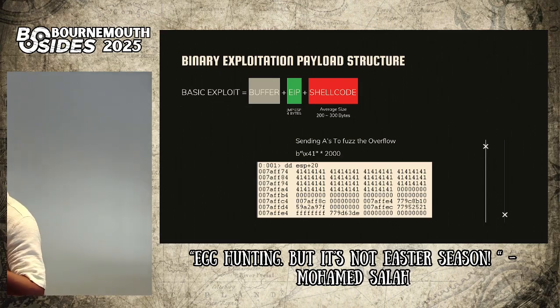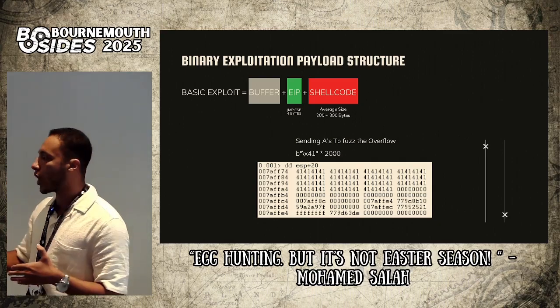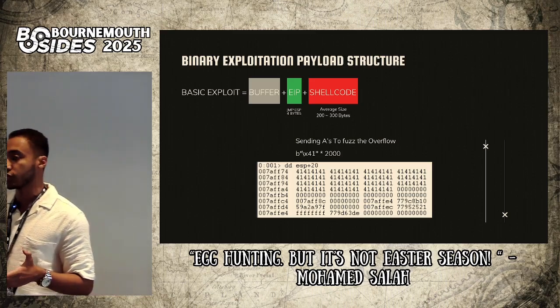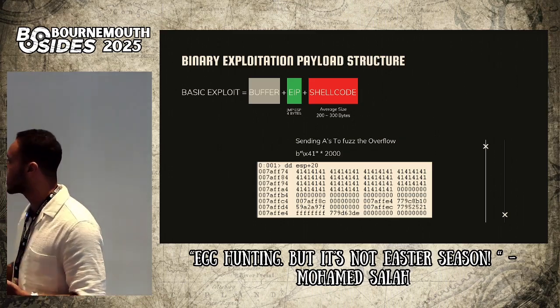You need to find it in the memory, and the ESP is basically the execution pointer that you need to jump to make the execution work for your shellcode. The average size for the shellcode would be from 200 to 300 or even 600 bytes, according to your adjustments to your shellcode.